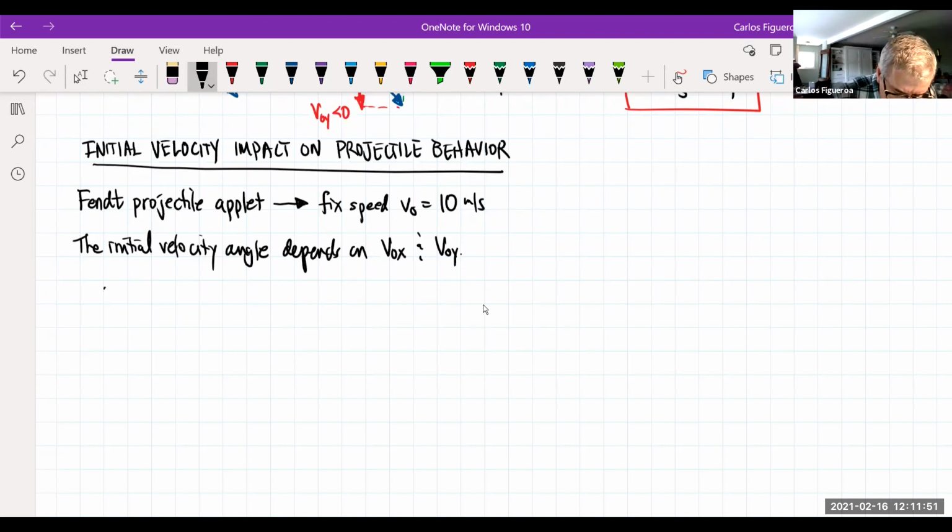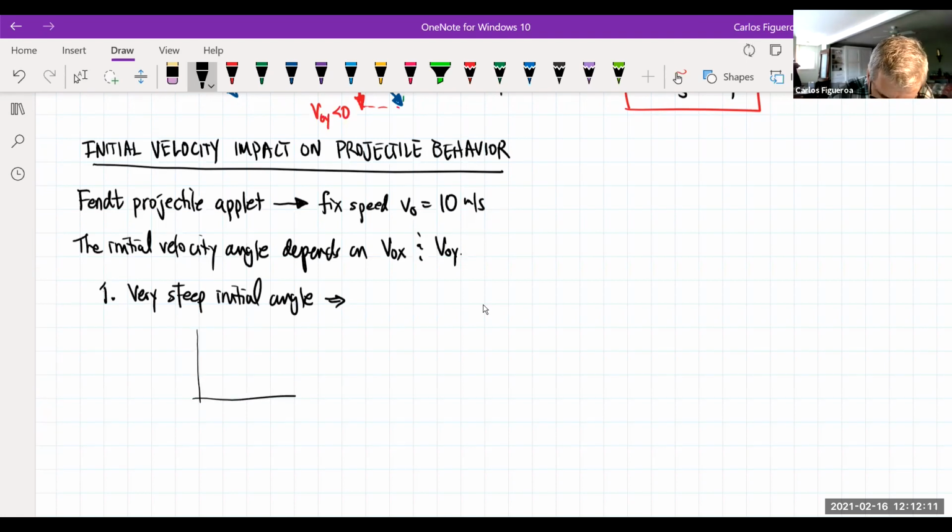So in the first situation, we could imagine that we're going to have a very steep initial angle. What I mean by that is, if I have a steep angle shot, let's say it looks something like this, when I project this thing, right? So let's say this is my initial velocity.